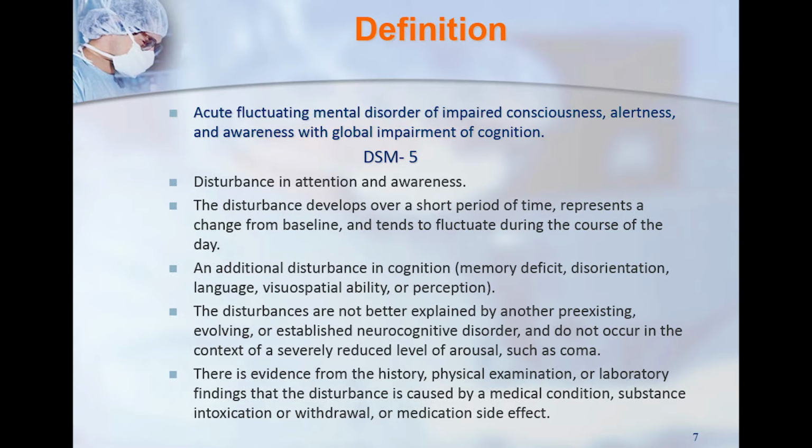The disturbance develops over a short period of time, represents a change from baseline, and tends to fluctuate during the course of the day. Another is a cognitive disturbance: memory deficit, disorientation, language, visual spatial ability, and perception. In the clinical presentation, number 1 and number 3 are the most important.